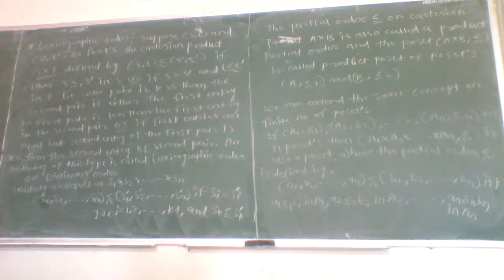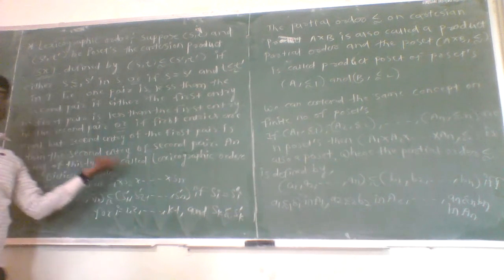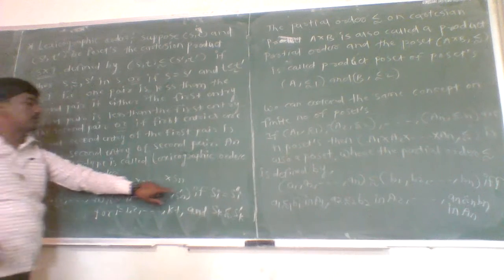That is, suppose S1 cross S2 cross up to Sn is a Cartesian product, then its element (S1, S2, up to Sn) precedes (S1 dash, S2 dash, up to Sn dash).